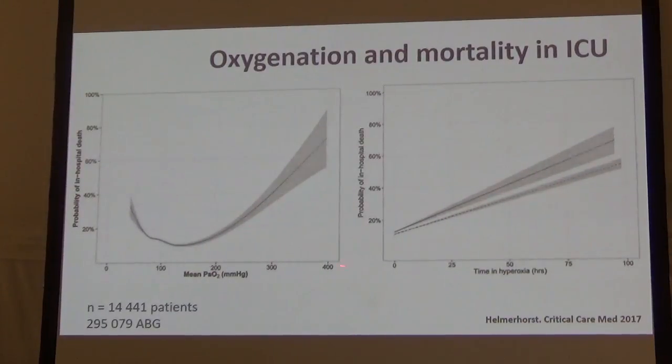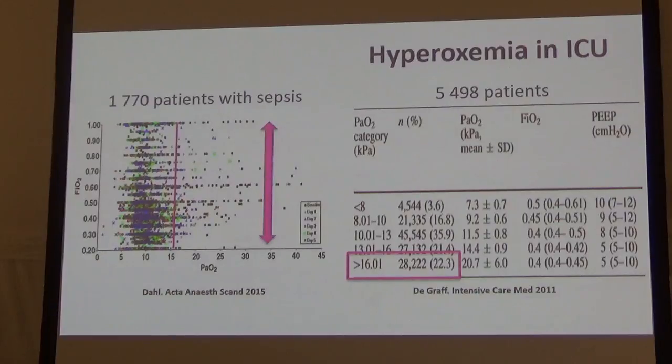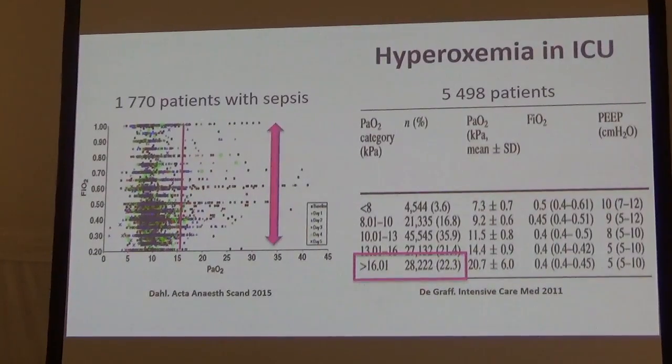And not only hyperoxemia, but the time spent in hyperoxemia also increases the risk of death. Hyperoxemia is defined as a PaO2 above 15 kilopascal or 120 millimeters of mercury. And this is quite common in the ICU, occurring in 20 to 25% of ventilated patients.